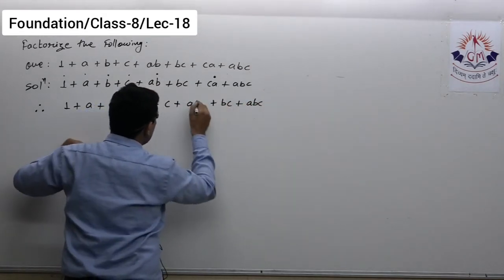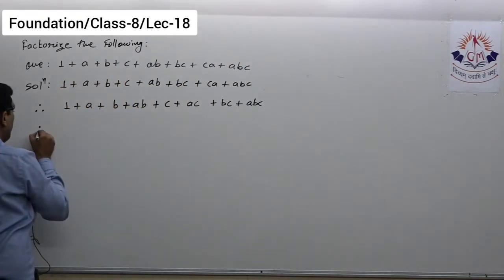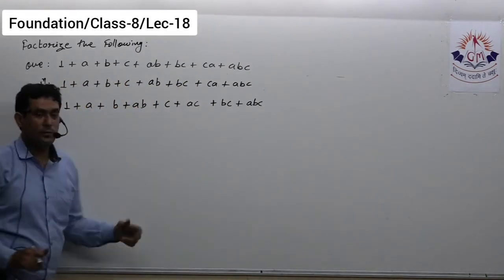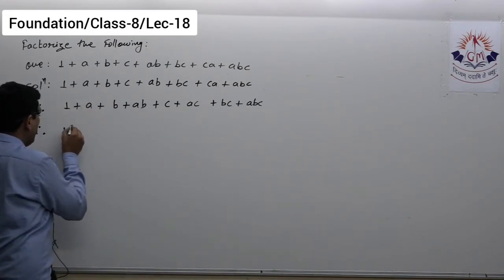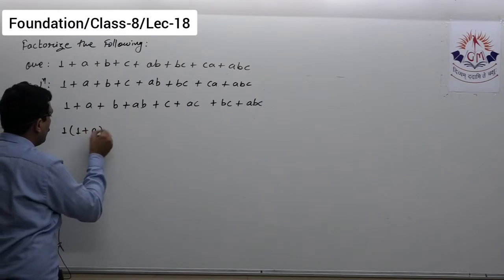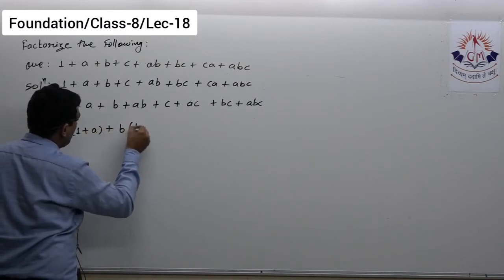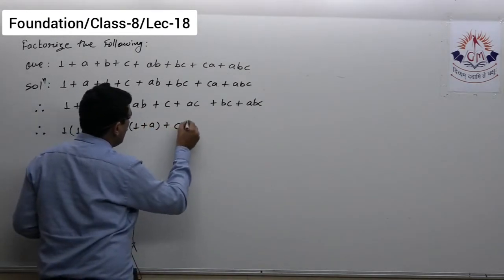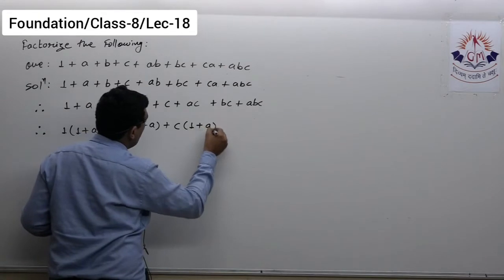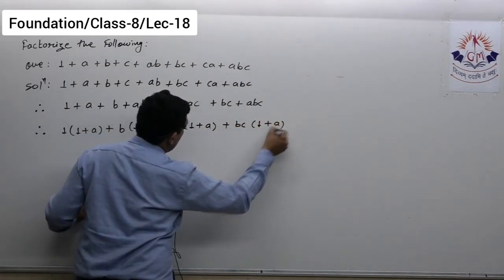This is just a rearrangement of terms, and now it is possible to take common from the first two, then from the next two, and so on. From these two I can take common 1, so here I will get 1 plus a. From these two I can take common b, so here I will get 1 plus a. From these two I can take common c, so here I will get 1 plus a. From these two I can take common bc, so I will get 1 plus a.